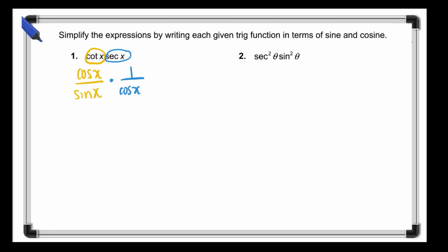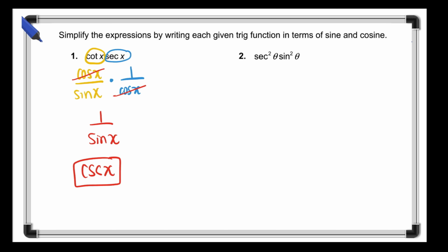Then I look and see, how can I simplify what I have? Well, I know that my cosine of x's will cancel. So I have 1 over sine of x, which I know is a reciprocal identity. 1 over sine of x is the same thing as cosecant of x.